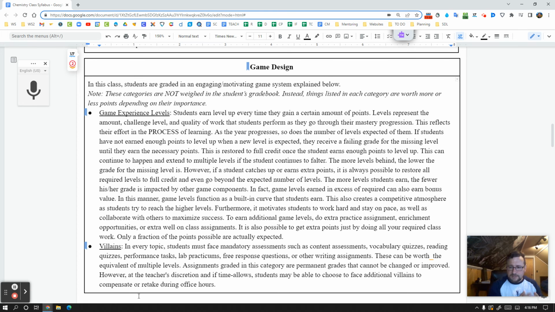Now, because of this, and this is the reason I actually put a weight of 0 on the assignments, you can do different things to get the same amount of points. And so it doesn't necessarily matter that you missed one assignment, so long as you do something else to replace it that is worth the same amount of points. Now, sometimes the stuff that I assign specifically is worth more for the same amount of effort than something additional.